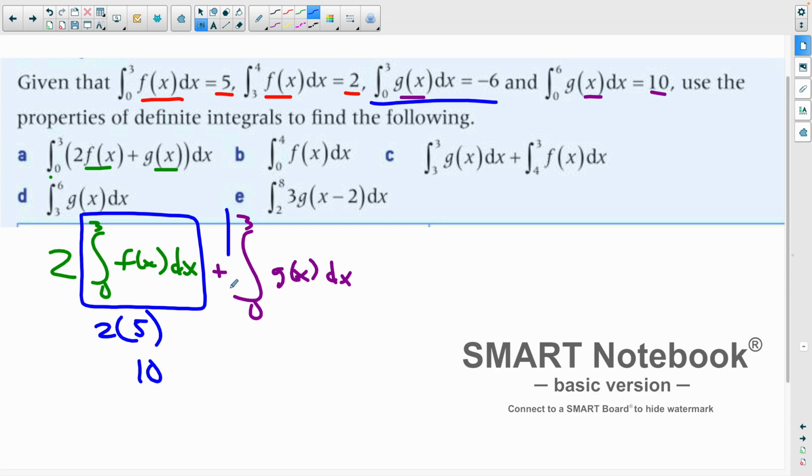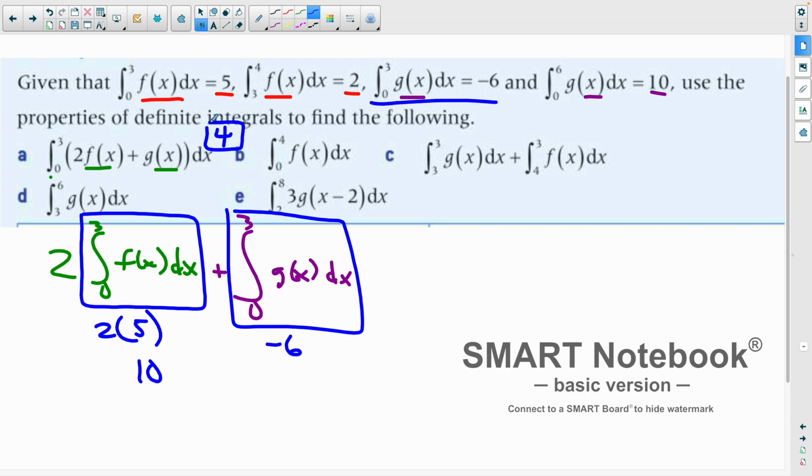So this box right there would be -6. So I would say 10 and -6, so the value of this right here would be 4. That is the answer. I'm doing all this based off of properties. I don't even really know what the picture looks like. But if I were to add those two together, that's what I would have.